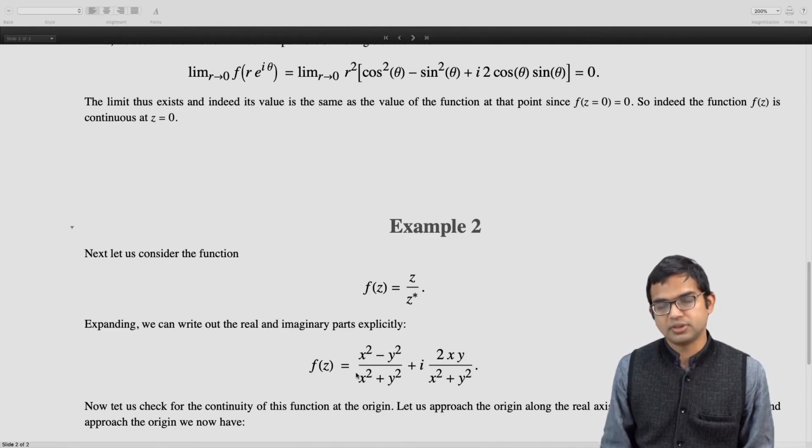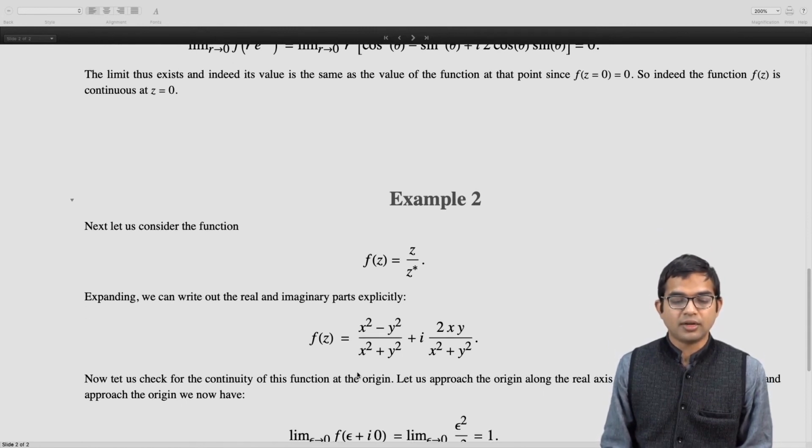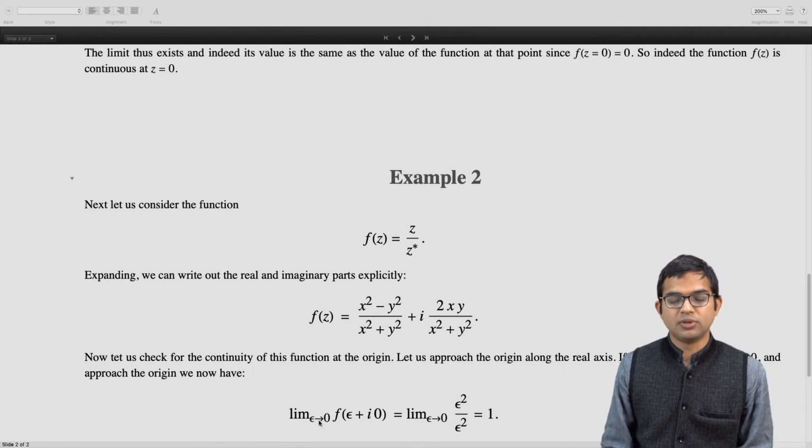Suppose we start on the real axis. If we consider a point like epsilon plus i0 and we approach the origin, this limit will be epsilon tending to 0, f of epsilon plus i0, which will be just limit epsilon tending to 0, epsilon squared divided by epsilon squared.